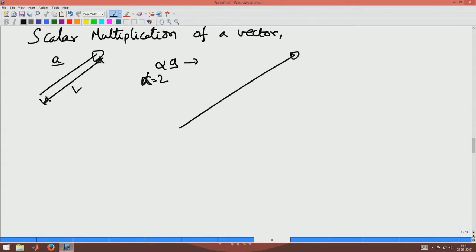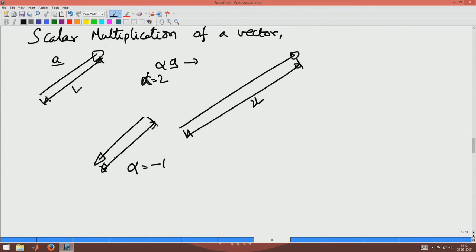This length was L, this length has now become 2L and direction remains the same. On the other hand, if alpha were to be minus 1, the direction reverses and the length remains the same. This remains L but direction is reversed and this would be the B vector here, okay. That is what scalar multiplication of a vector means.